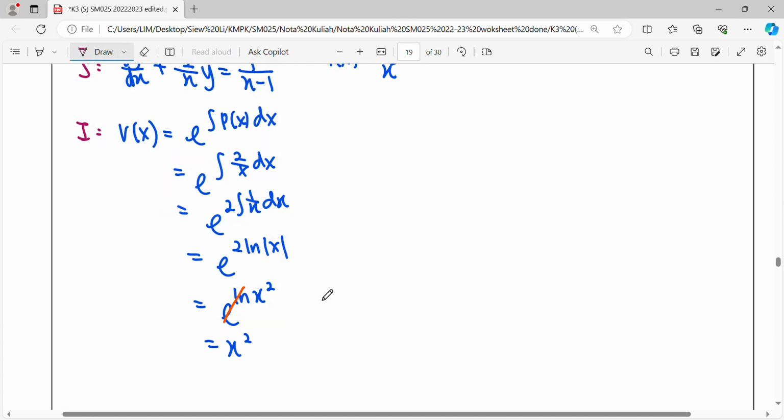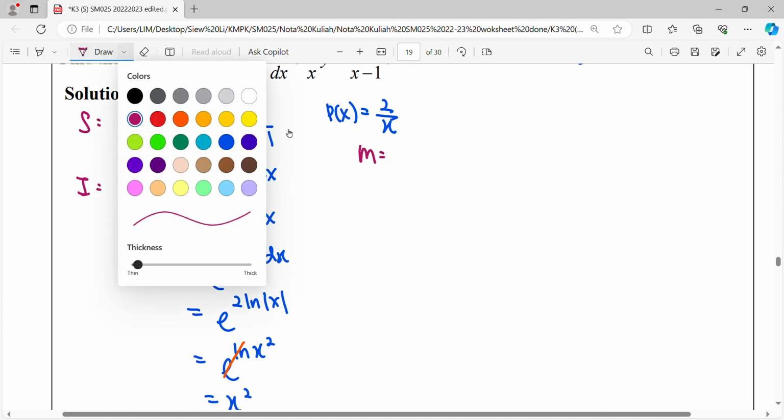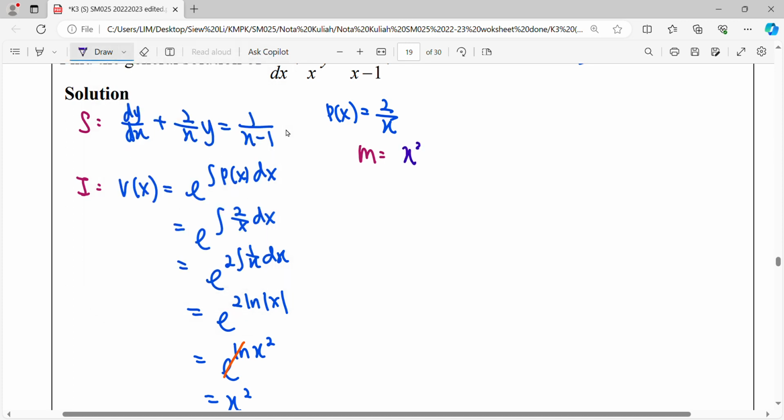So the following step will be N. N is multiplying the integrating factor back to the equation. So it will be x squared dy/dx plus. For this step, we just need to rewrite it in multiplied form, multiplying the integrating factor back to the equation here.